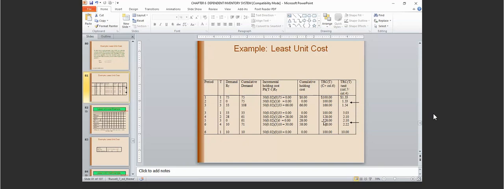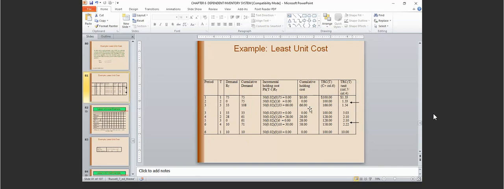And 58 plus the ordering cost of 100 is 158. 158 divided by the cumulative demand of 71 gives 2 ringgit 22 cent. So at this level, the total relevant cost per unit has increased to 2 ringgit 20 cent from 2 ringgit 10 cent. So we stop including more periods in our analysis.